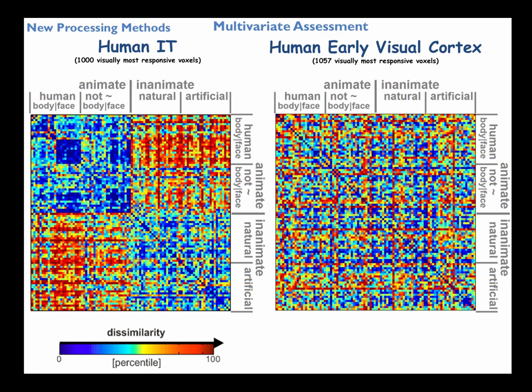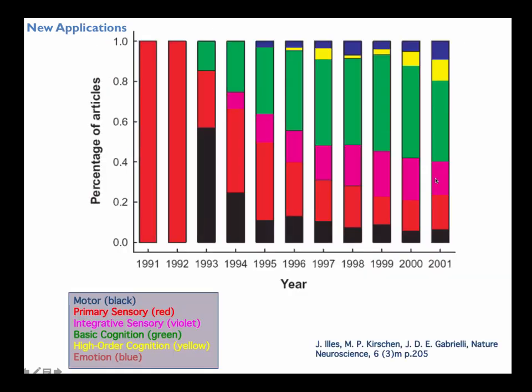In early visual cortex, there's no such pattern. I haven't really seen this study, but if you were to reorganize how you look at these patterns, instead of human versus not human or animate versus inanimate, and organize them based on spatial or low-level features, then maybe V1 might show patterns as well. So it's a way of very efficiently casting a broad net for information from the data.